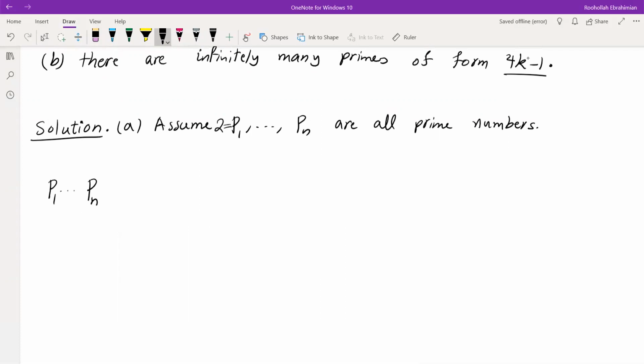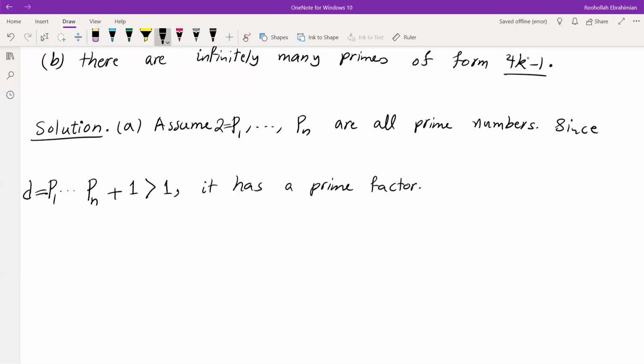This is a technique that probably most of you, if not all of you, have seen. We're going to multiply all of these prime numbers and add 1 because we want to create something new. If you take a look at this integer, it is more than 1. Since this integer is more than 1, it has a prime factor.